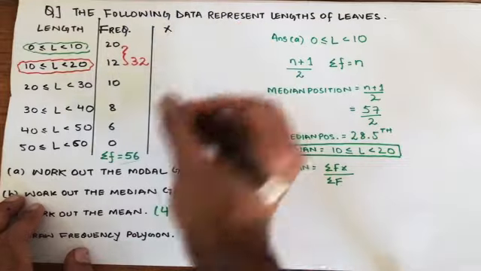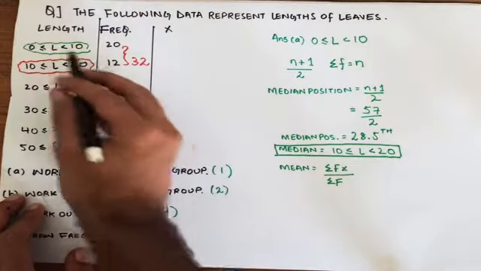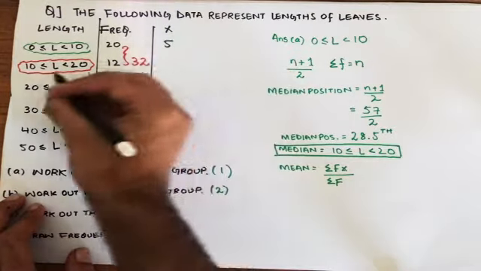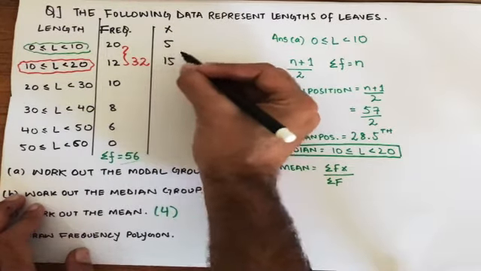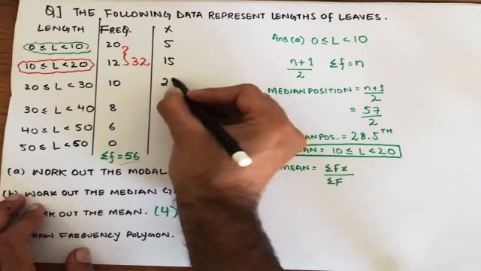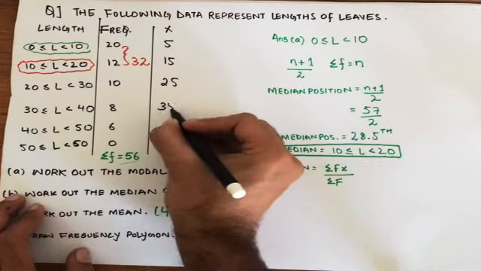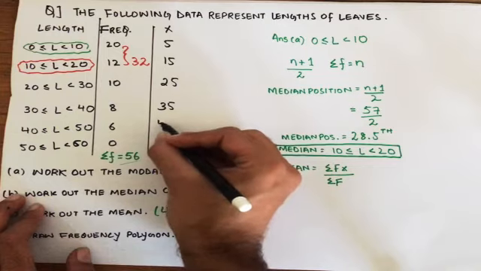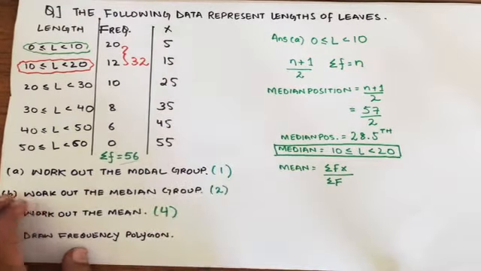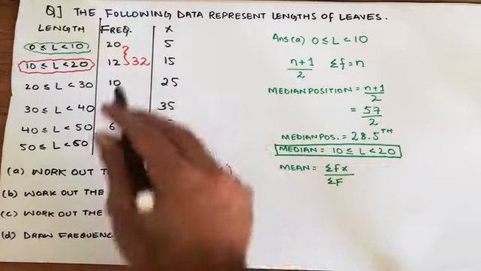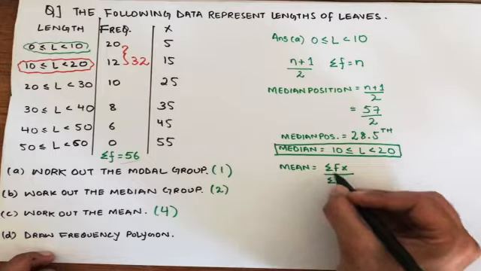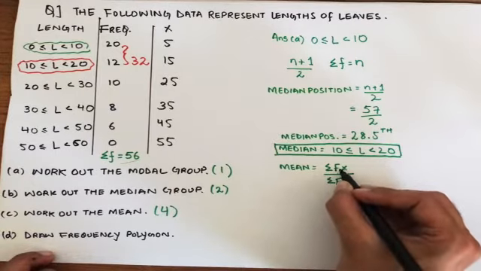Now what x represents? X represents the midpoint of your data. So this would be 5, this would be 15, 25, 35, 45 and 55.